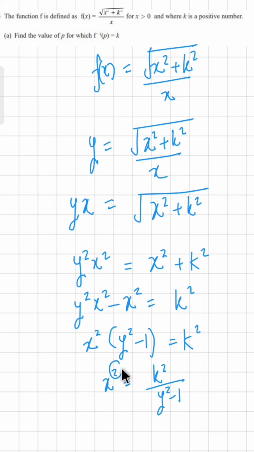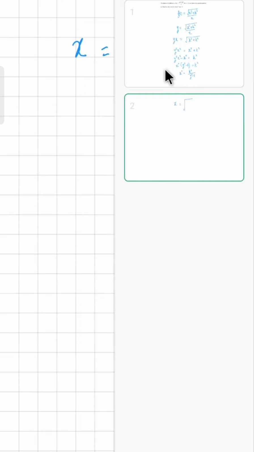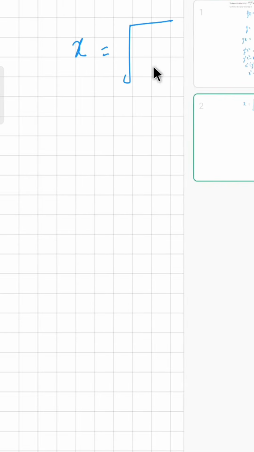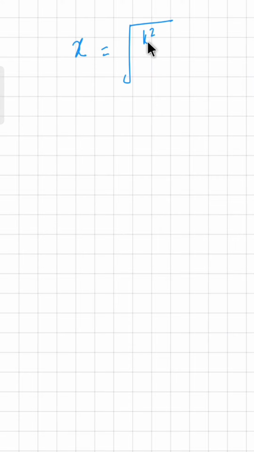If you remove the square, then you can find the value of x. So x is equal to square root of k² upon y² minus 1.